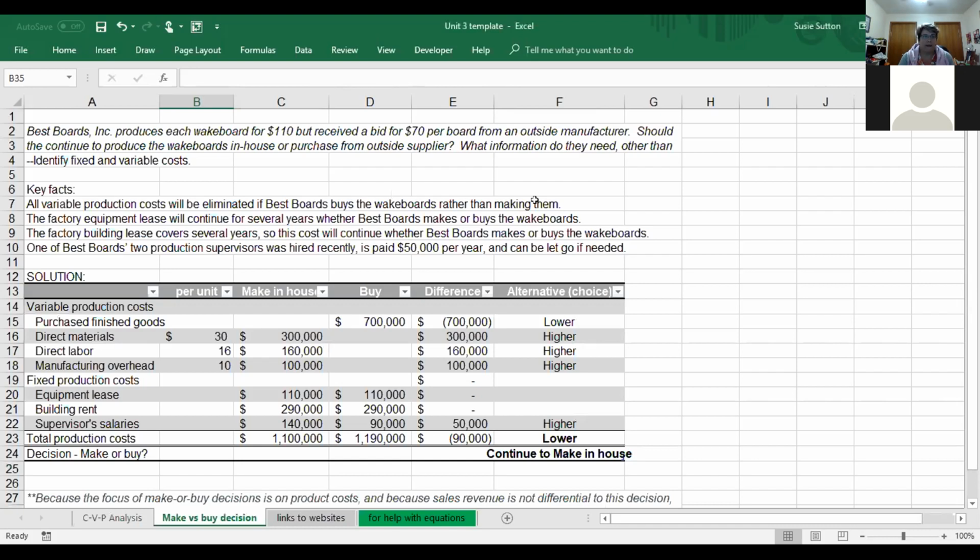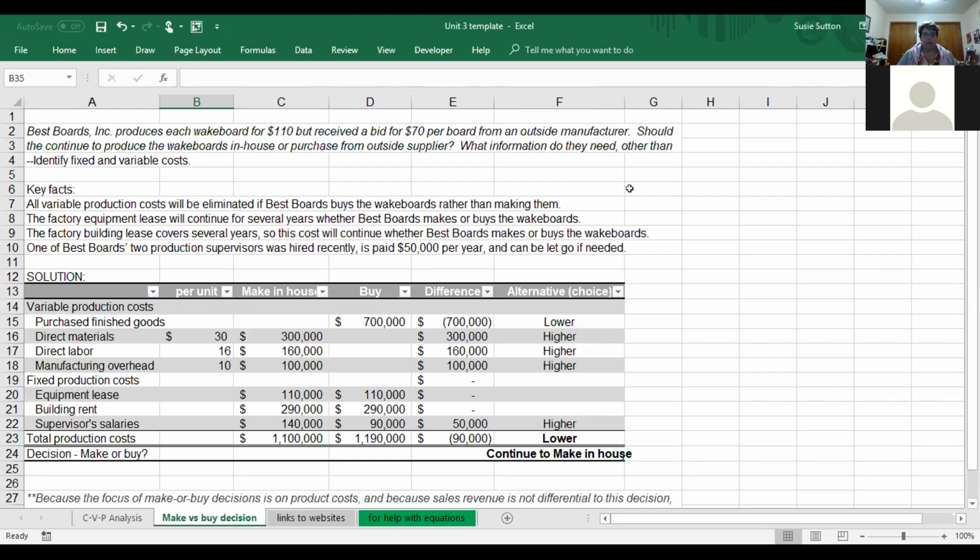So key facts that they need to know would be: all the variable production costs would be eliminated if Best Boards buys the wakeboards rather than making them. Then the factory equipment lease will continue for several years whether Best Boards makes or buys the wakeboards.